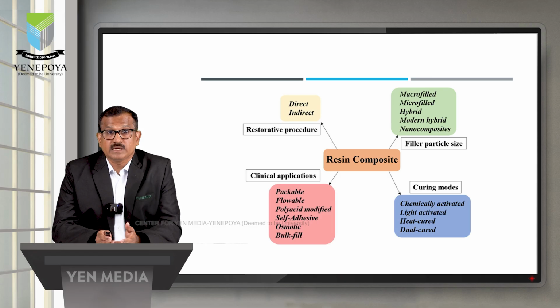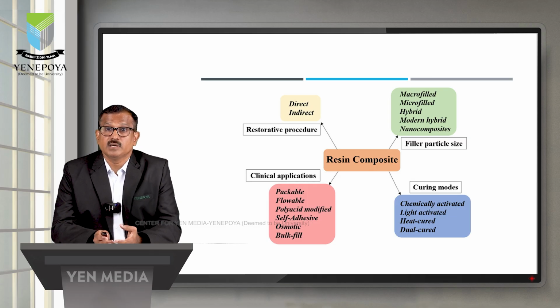So what are these materials classified as? They are direct or indirect, based on the restorative procedure. Then according to composition, the filler particle mainly contributes towards its strength. So let us classify it as macrofilled, microfilled, hybrid, modern hybrid and nanohybrid. The modern hybrids and nanocomposites are the modern ones.